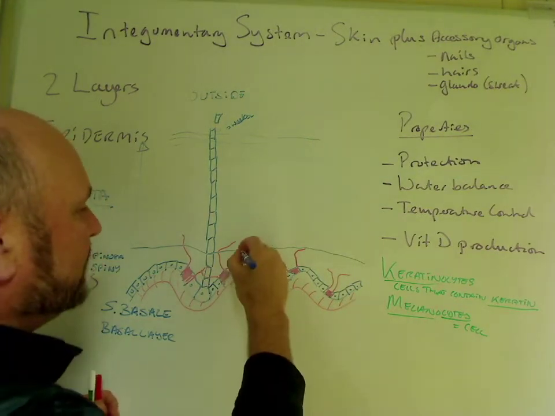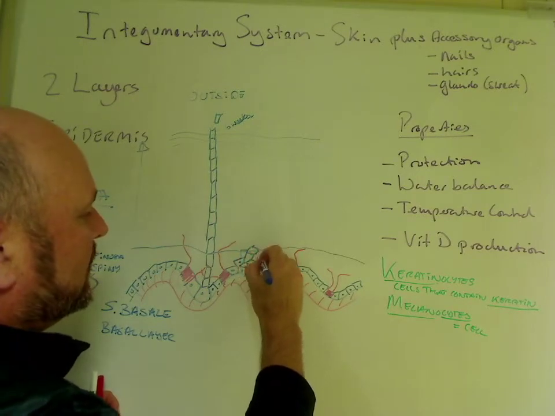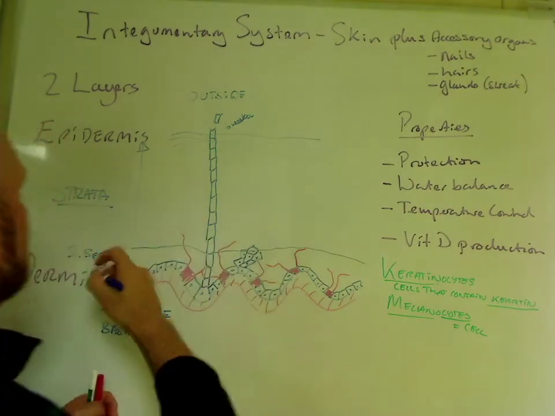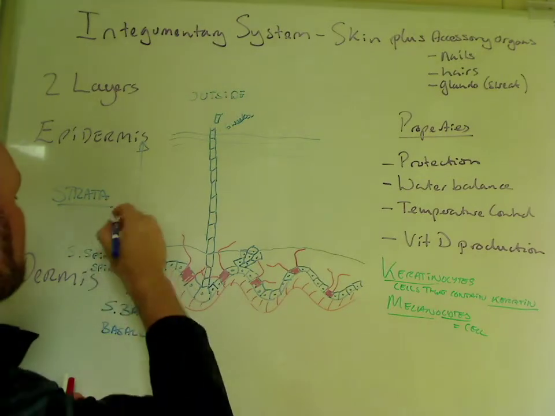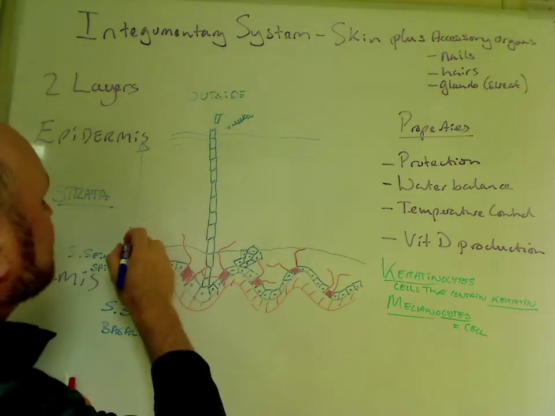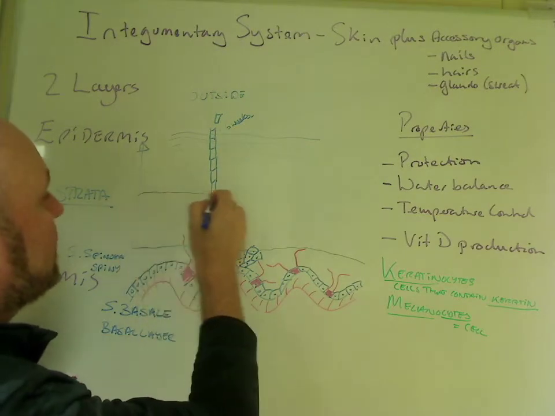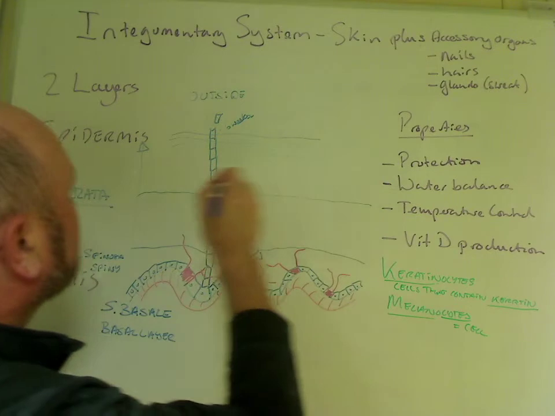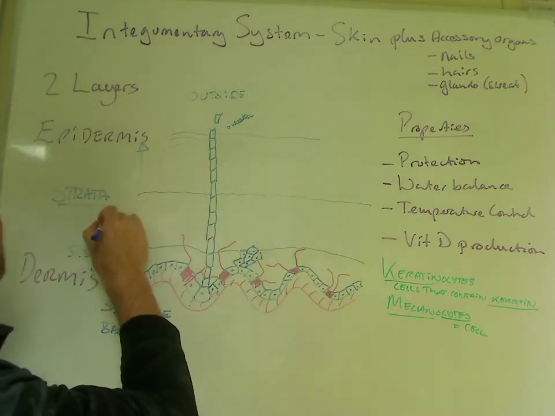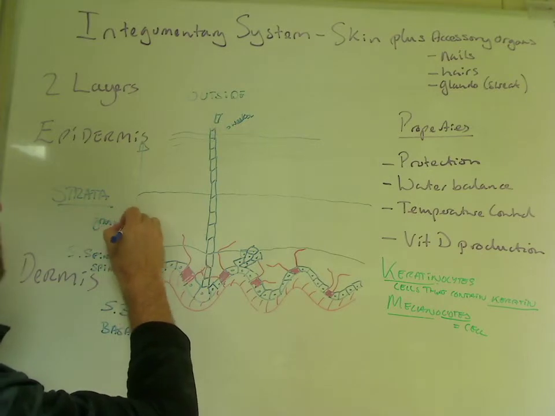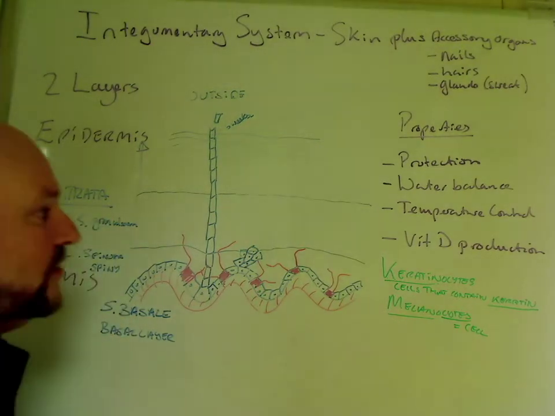As we push up through the spiny layer, we reach the next layer, which we'll put here, and this is, sorry, that's not written very well, but you'll get it in your text anyway, granulosum.